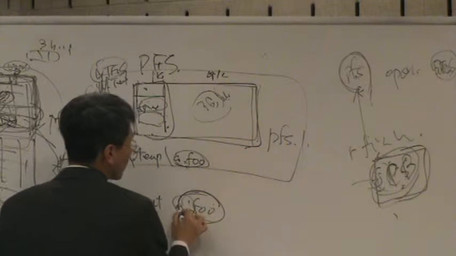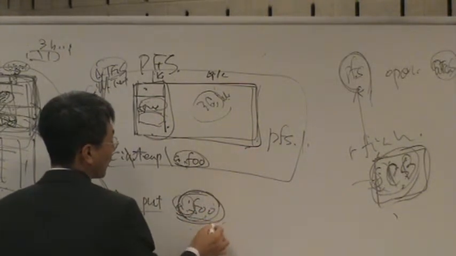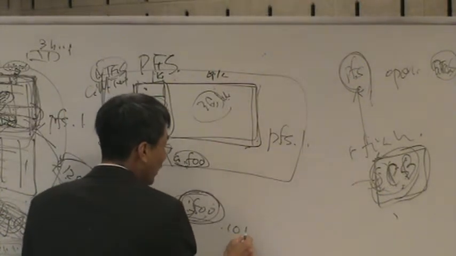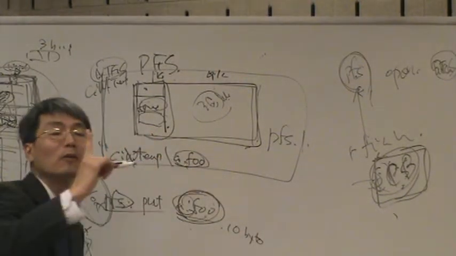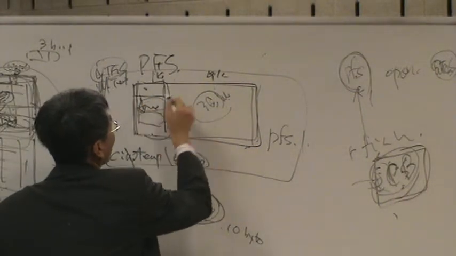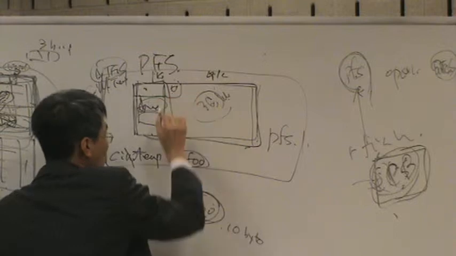Okay. Then after you realize the size of the file, for example, this is a 10 byte file, then one block is enough, right? So you need to find one free block. For example, that one is this one.